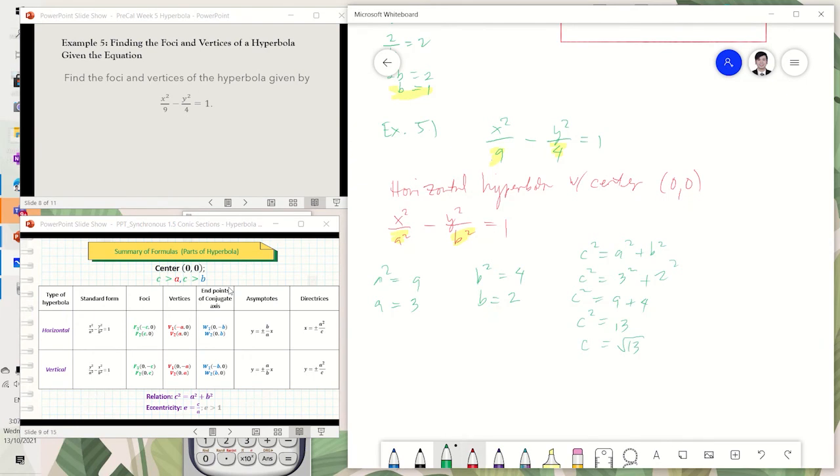Now you can figure out already the foci. The foci is just the positive or negative of the c and 0. And then the vertices is just the positive or negative of the a, which is 3 and 0. So there you have it.